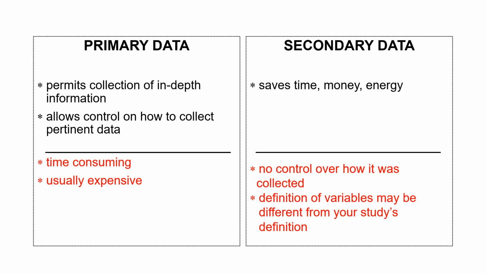In such conditions, the researcher is constrained to make do with what is available, such as proxy indicators for income, like educational attainment or occupation of the parents. Also, in secondary data, because the data is there already, it saves a lot of time, money, and effort in collection, which can be time-consuming and expensive for primary data.